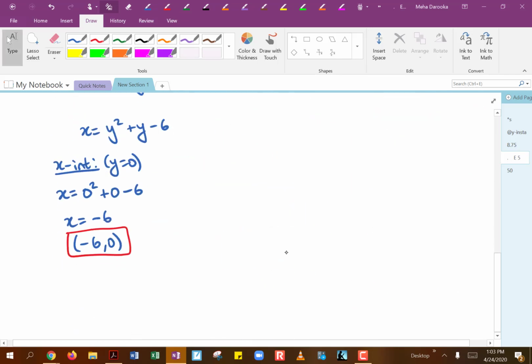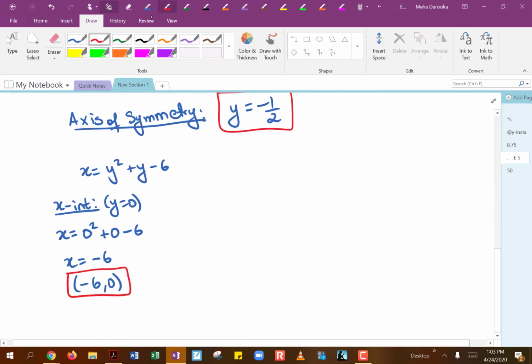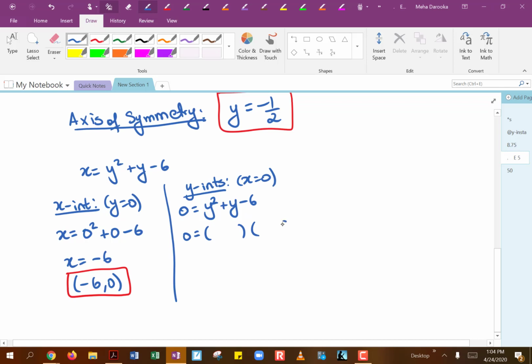Now let's find our y-intercepts. This is where we would make our x value 0. So 0 equals y squared plus y minus 6. We should be able to factor this.